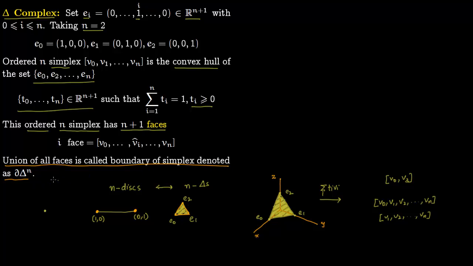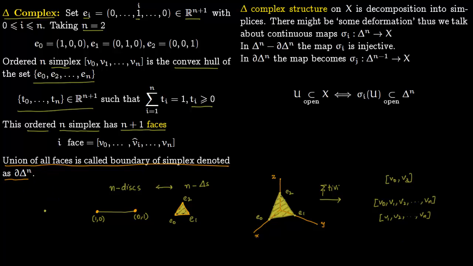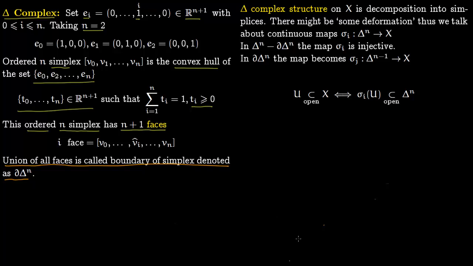Now we want to put a delta complex structure on any space X. Naively, a delta complex structure on X is just a decomposition into simplices, and that is the idea you need to keep in mind. But these simplices might not look like nice triangles.